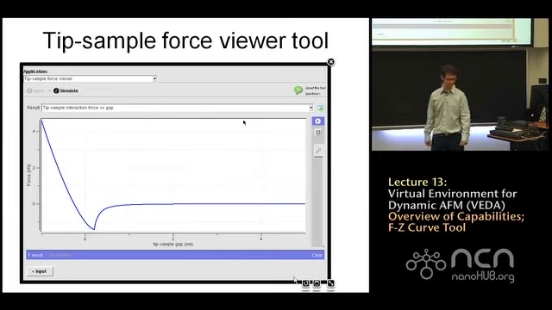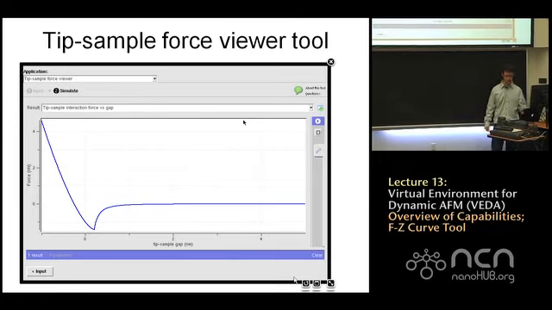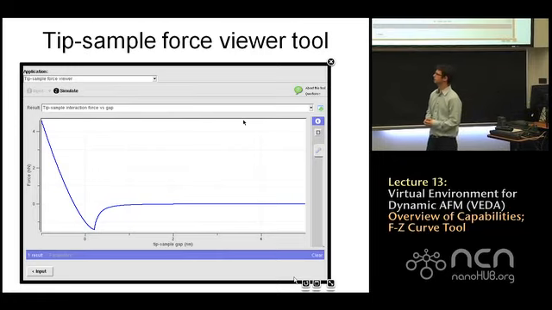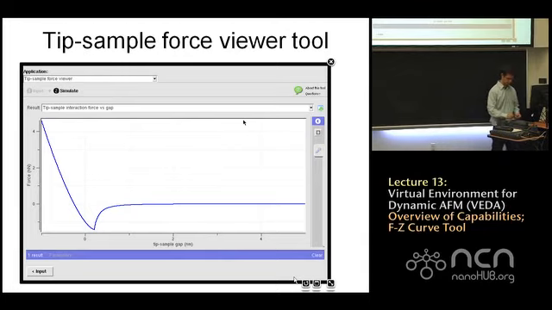Okay, so the first result that comes up, like I said, is the tip sample interaction force plotted versus tip sample gap separation. This is just the model that we chose for the specific input parameters that we chose.